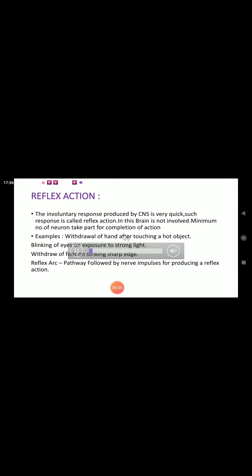Next part of the lecture, reflex action. The actions which are not under our conscious control, these are the involuntary responses produced by the central nervous system in a very quick way. Such response is called reflex action.